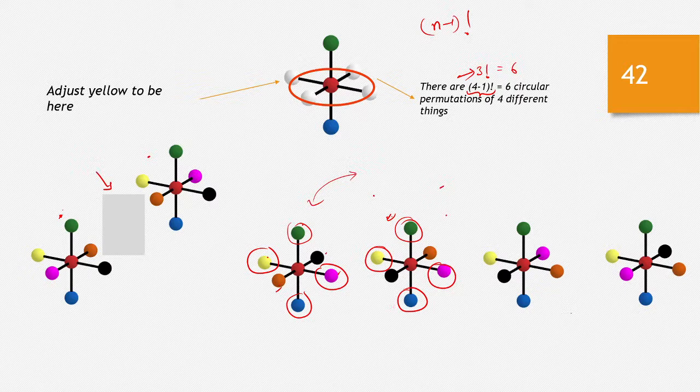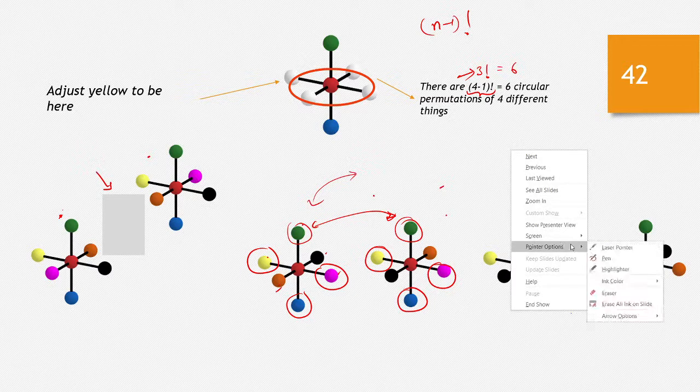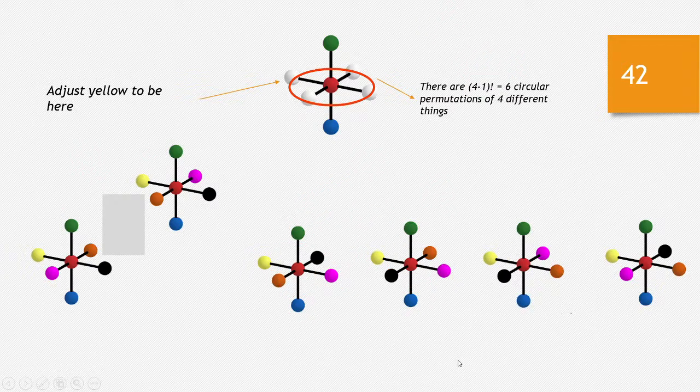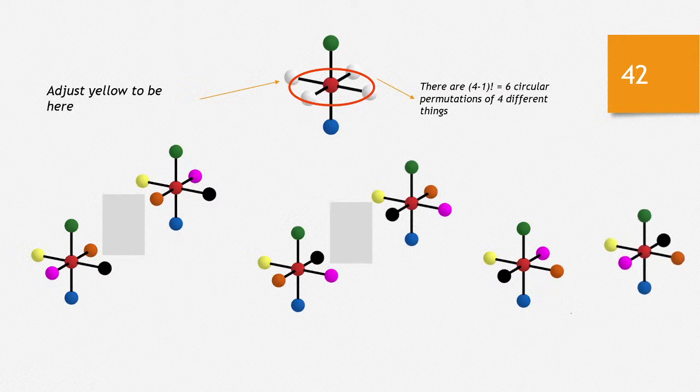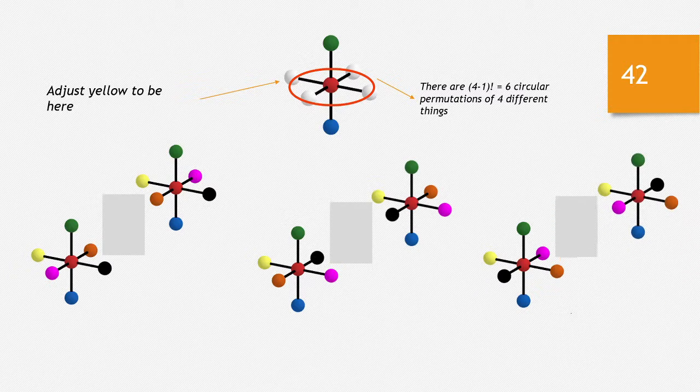If you now turn any one of them around, then you can't hold on to these positions which are already superimposed, but you can try on your own. You will see that they will never get superimposed. So these 2 molecules are also mirror images of each other, and the last 2 are also mirror images of each other. So basically you have 6 possible molecules and 3 pairs of enantiomers. Great.